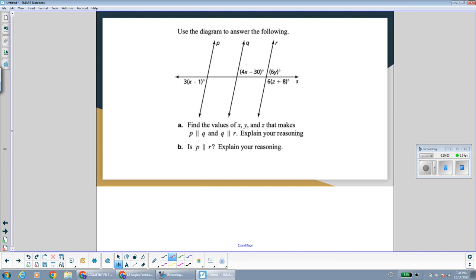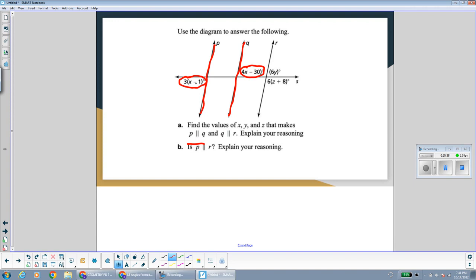So first, let's focus on the first one, finding the values that make P parallel to Q. Here's P, here's Q. The two angles that we have information about, 3(x minus 1) and 4x minus 30, are alternate exterior angles.